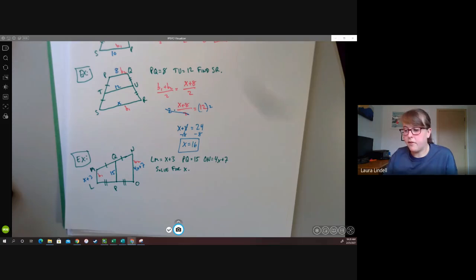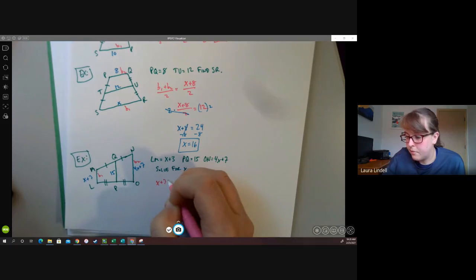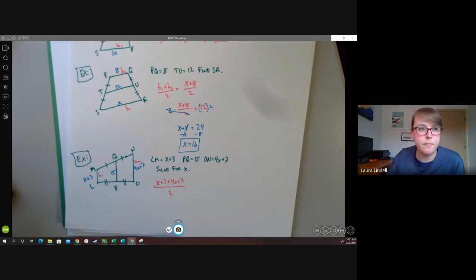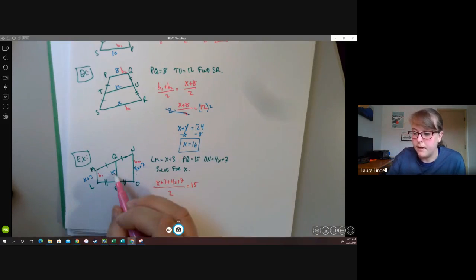So we're still starting off the same way, adding the two bases, x plus 3 plus 4x plus 7 divided by 2. And that's going to be equal to 15, since that's our mid segment here.